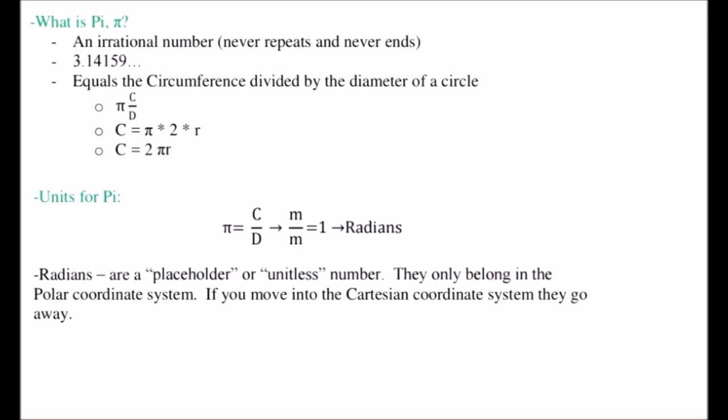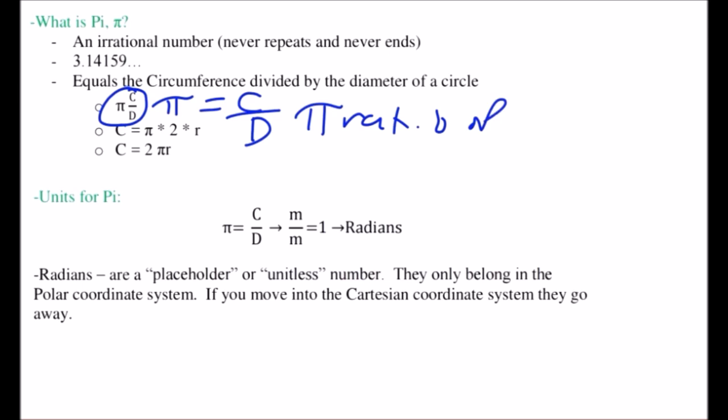It looks like I've not put my little equal sign there. That should say pi is equal to the circumference, capital C, over the diameter, capital D. So pi is the ratio of a circle's circumference to a circle's diameter.